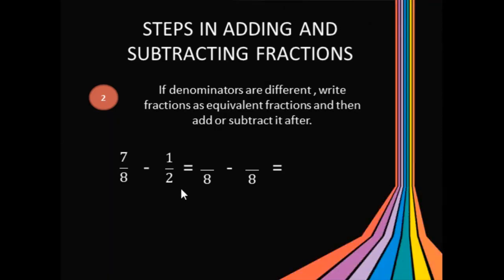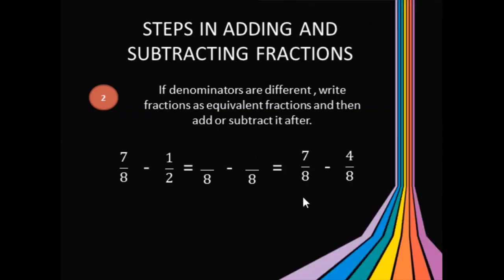8 divided by 8, 1 times 7, we get 7 over 8, minus 8 divided by 2, 4, very good, times 1, 4. So we have 7/8 and 4/8. Denominators are the same already, so subtract it now. 7 minus 4.